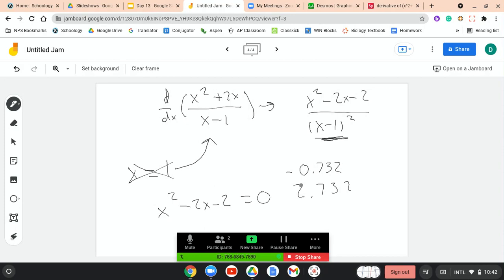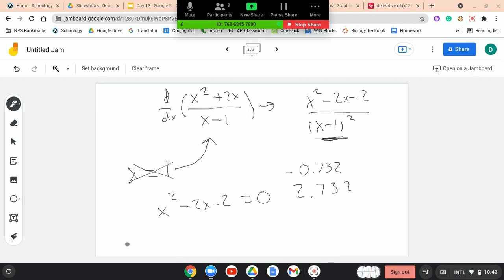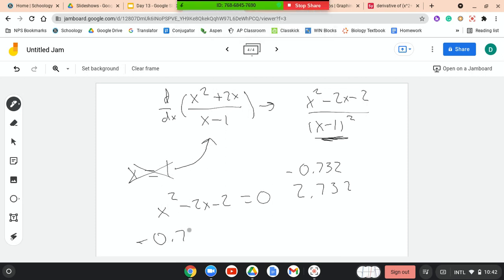And since those are points where it crosses 0, that means it goes from being positive to being negative, right? So what we would have to do, and I know we're running out of time, and I'd probably spend more time on it, is look at our original derivative, one point at a time. So we'd first start by considering negative 0.732.